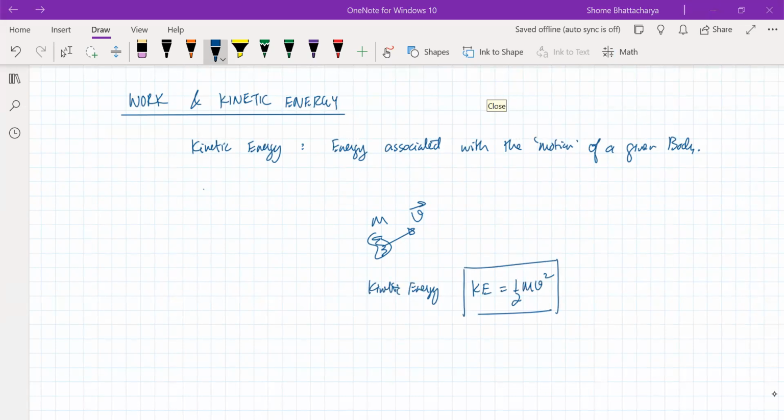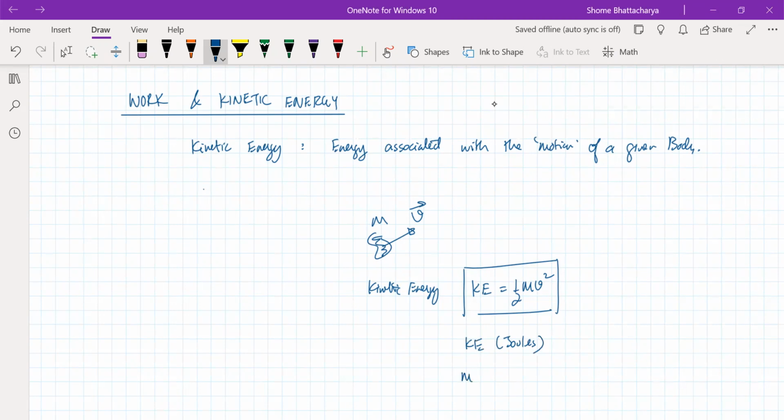It's a subtopic of the same chapter, actually. Okay? And here we are discussing the relationship between work and kinetic energy. So kinetic energy is given by this formula, and the definition of kinetic energy is that it is energy associated with motion. Kinetic energy is also expressed in joules.